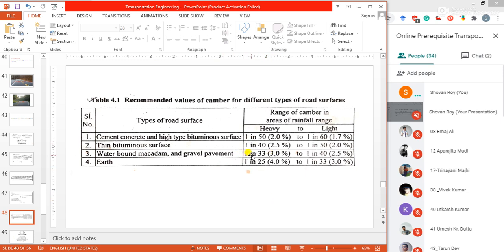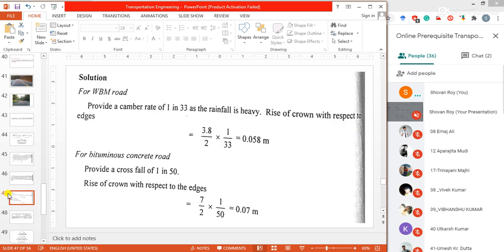So normally, if it is not mentioned in the question whether rainfall is heavy or light, we always take the heavy rainfall case, 1 in 33 for waterbound macadam or WBM road. I know the value is 1 in 33 and the width given in the question is 3.8 meter.